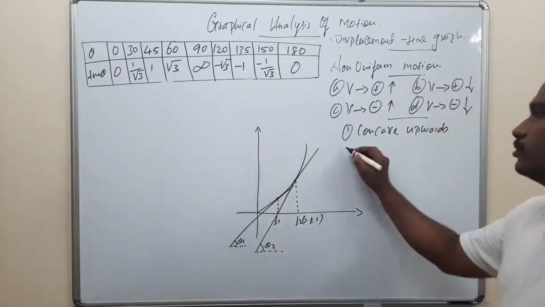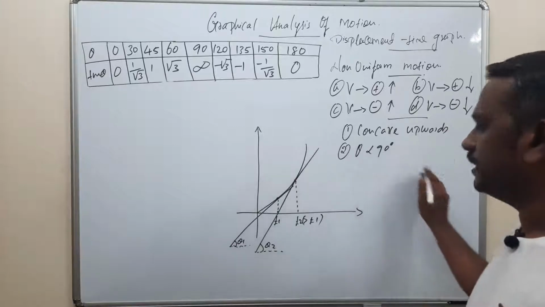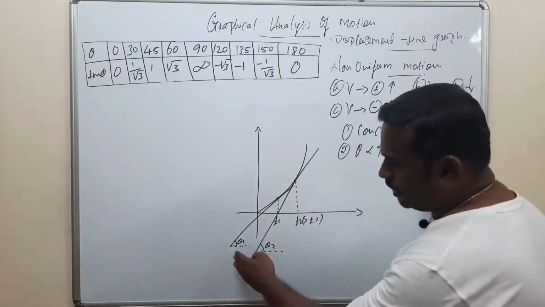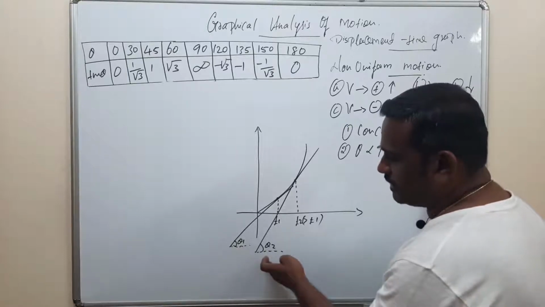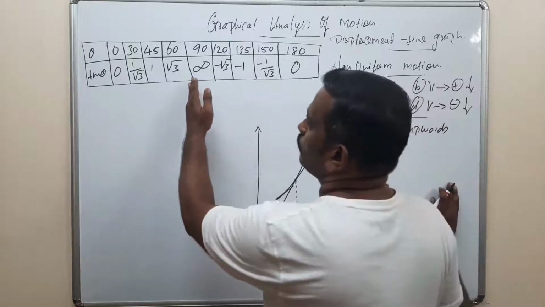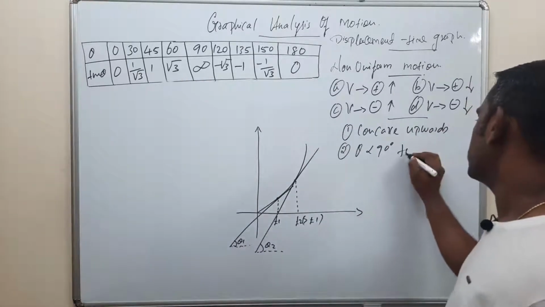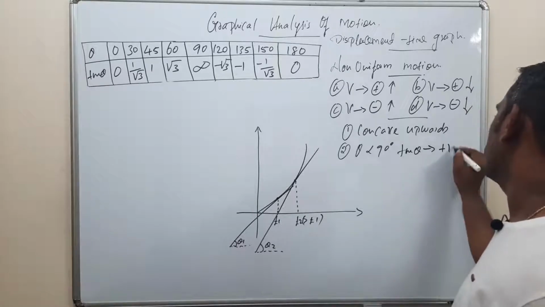Two, theta less than 90 degree. If you observe the slope, theta is less than 90 degree, and less than 90 degree means tan theta is positive.